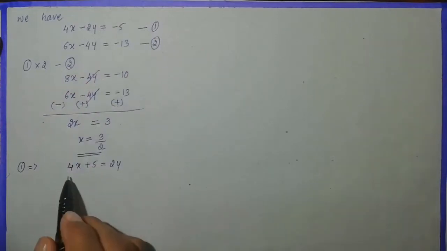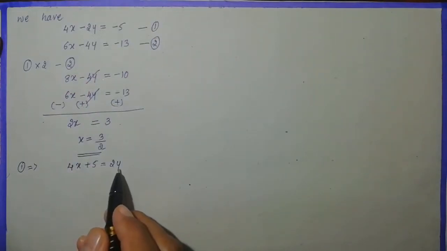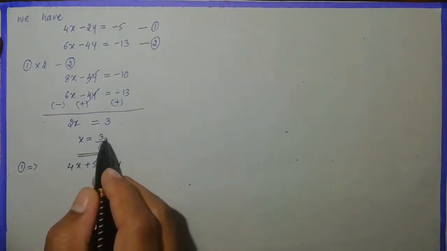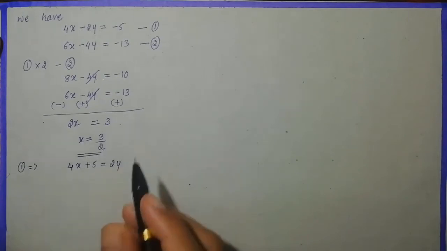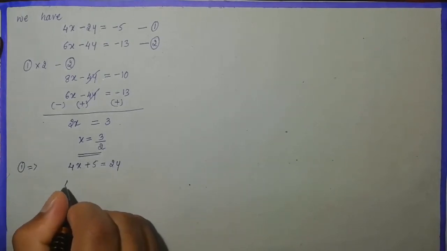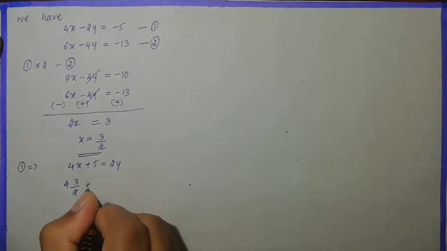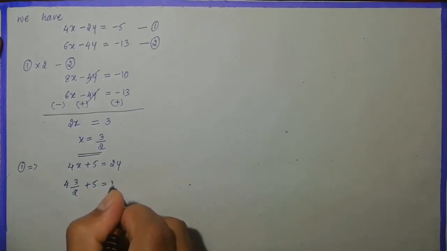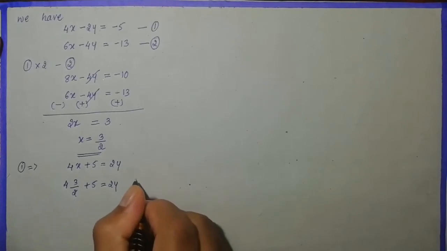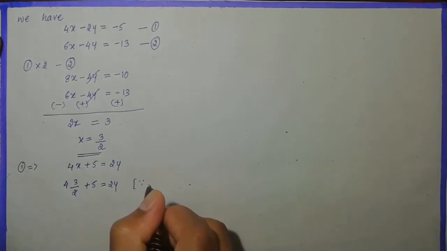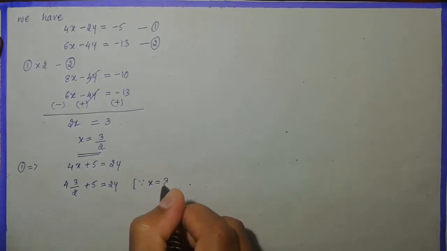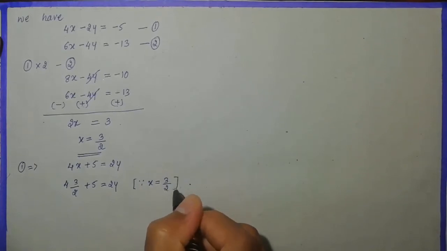Now put x is equal to 3 by 2: 4 into 3 divided by 2 plus 5 is equal to 2y, because x is equal to 3 by 2, which we already got.